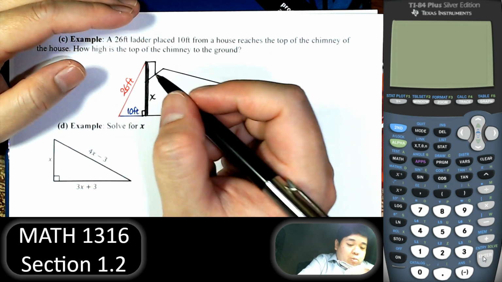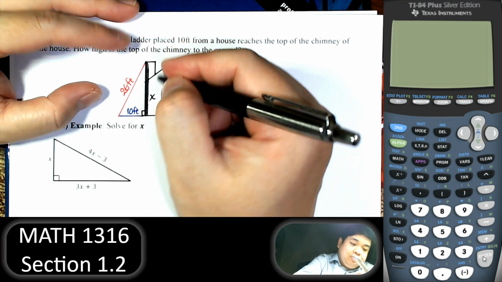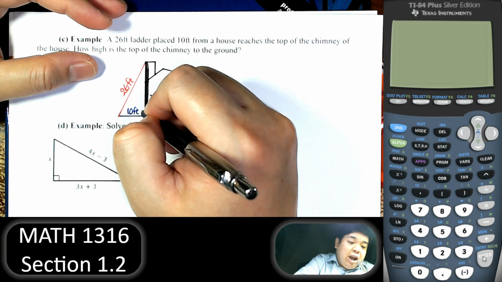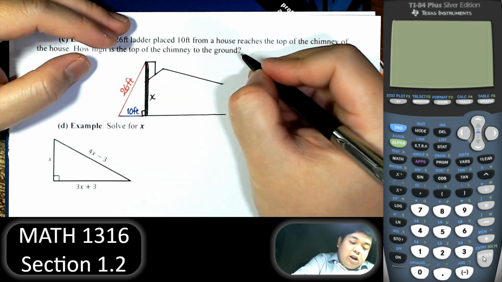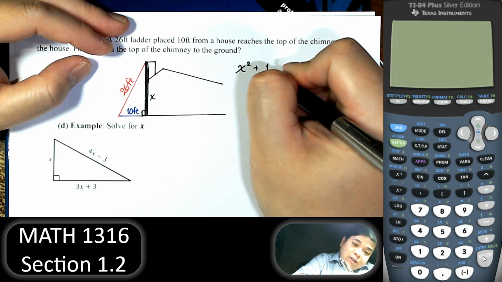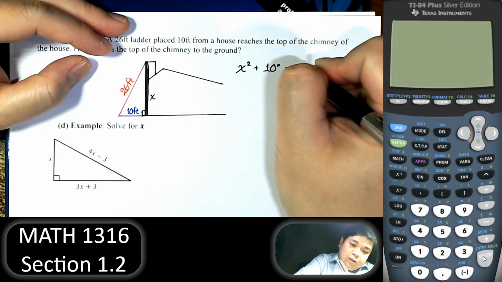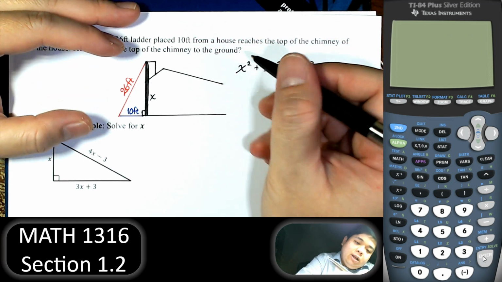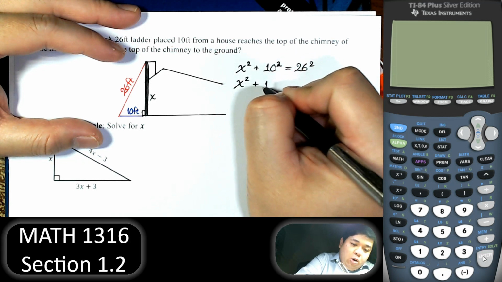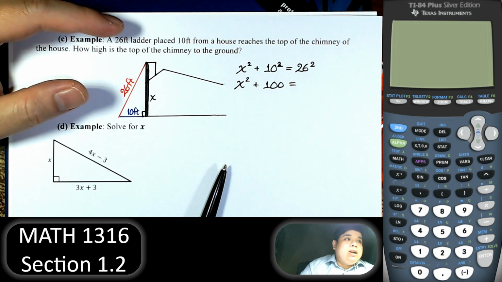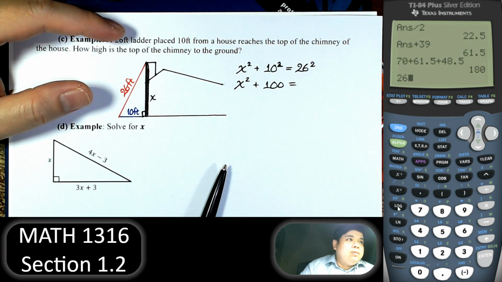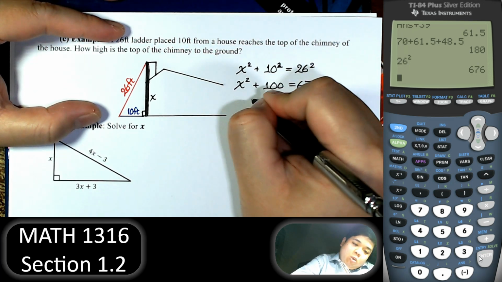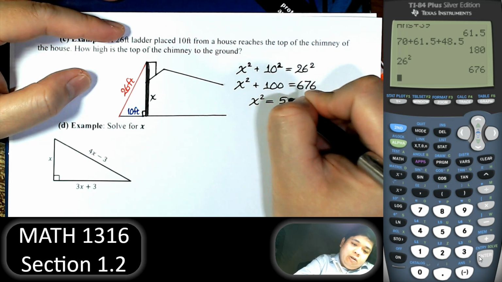We assume that the chimney is straight up, so that's 90 degrees. It's easy enough with the Pythagorean theorem: opposite to the right angle is the hypotenuse, the longest side, so that will stand by itself. That's 26 squared. X squared plus 100 equals 26 squared, so it's 676, subtract 100, 576.